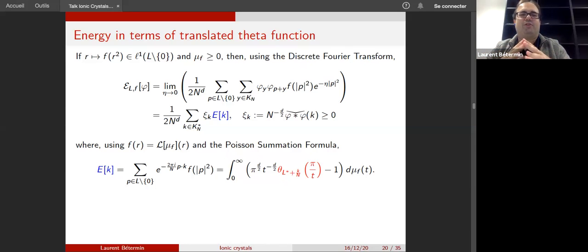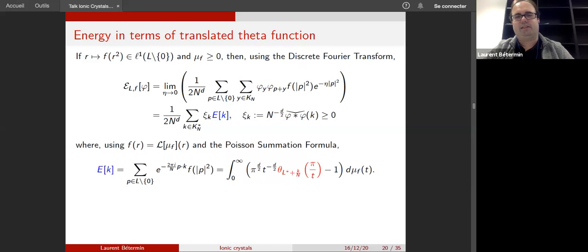If your function was not absolutely summable, you would have to use the Ewald summation method, and that's what you want to do for this Ewald summation method. You have many steps, but at the end of the process, you find that you can write everything using the inverse Fourier transform, in this discrete setting, so that this energy can be written as a sum for any k in the periodic cube of the dual lattice of Ck Ek.